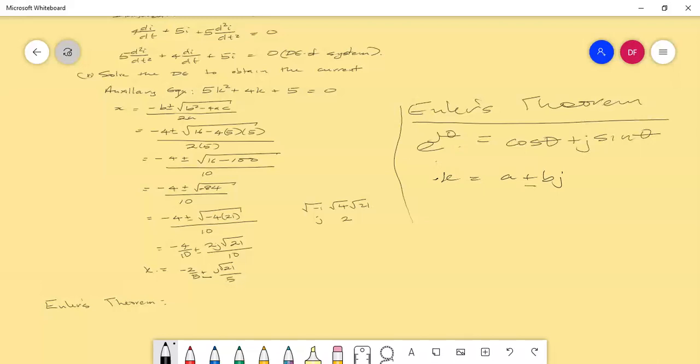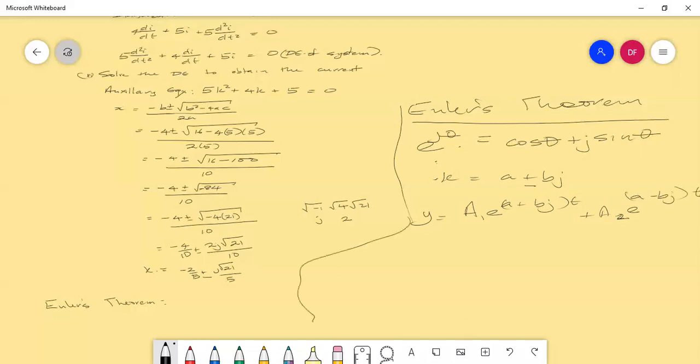Then what your solution is going to look like is y is equal to a1 e to the (a plus bj)t plus a2 e to the (a minus bj)t.